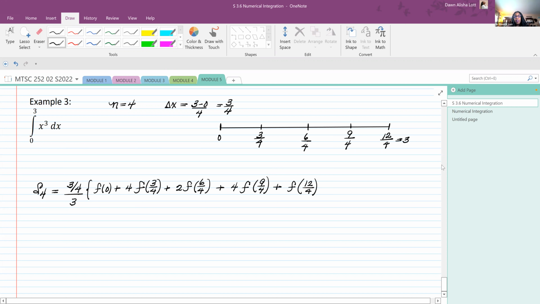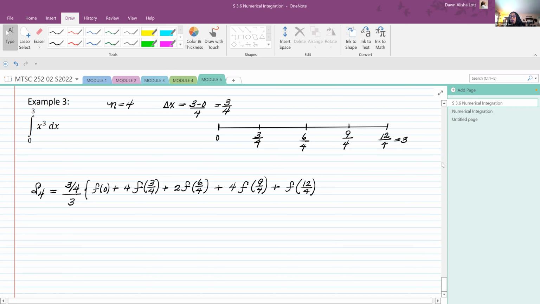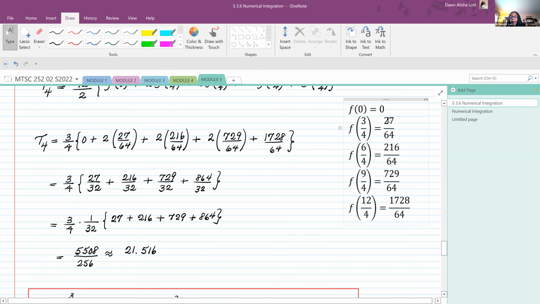Okay, so again, I took the liberty of calculating these things. It is the same.